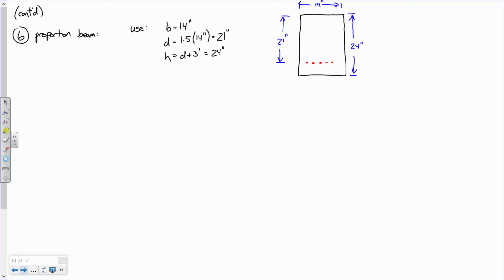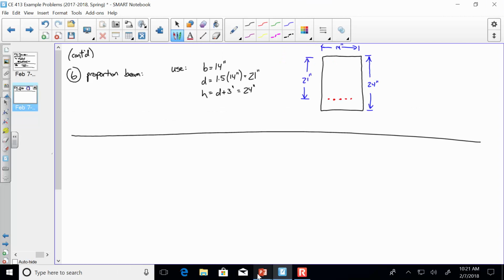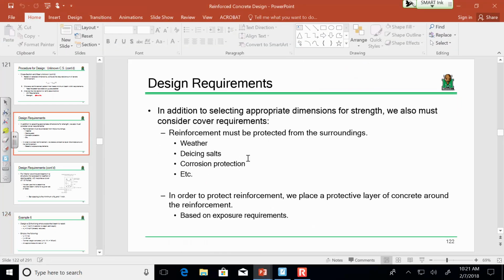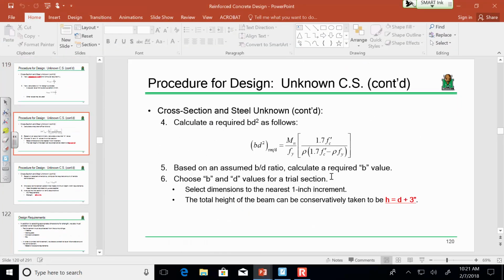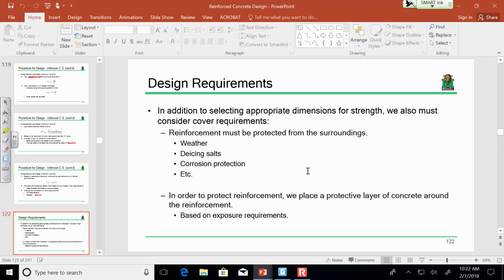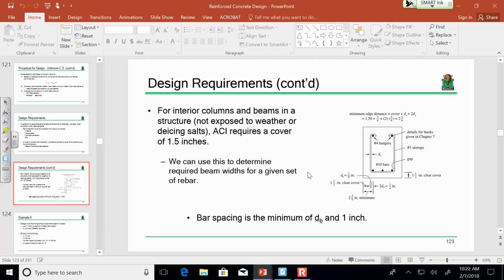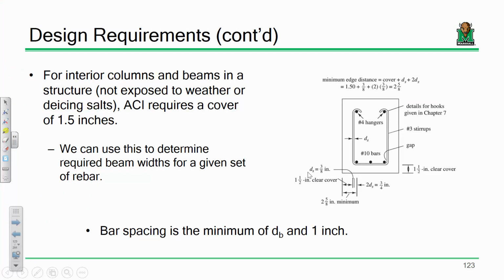So the only thing left to do is to worry about the steel, and I'm going to handle that in a second. Yes, sir? That's a good question. The question was where the 3 inches came from, and basically it's coming from cover requirements. So this isn't the right image, but it's close enough. You at the very least need 1.5 inches of cover.